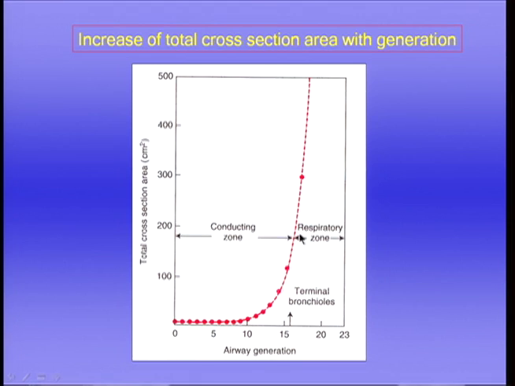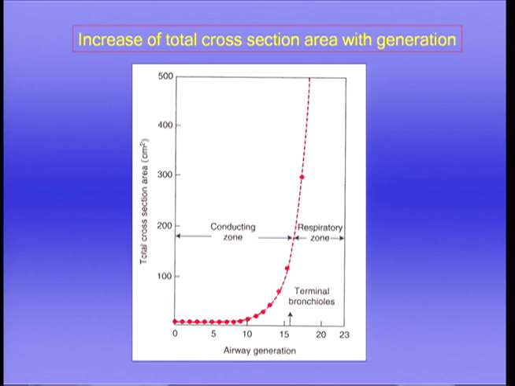Now, this has important implications in lung disease because most of the pollutants therefore deposit in this junction here between the conducting zone and the respiratory zone. The reason is that pollutants are small particles, or aerosols as we call them, like tobacco smoke, for example.